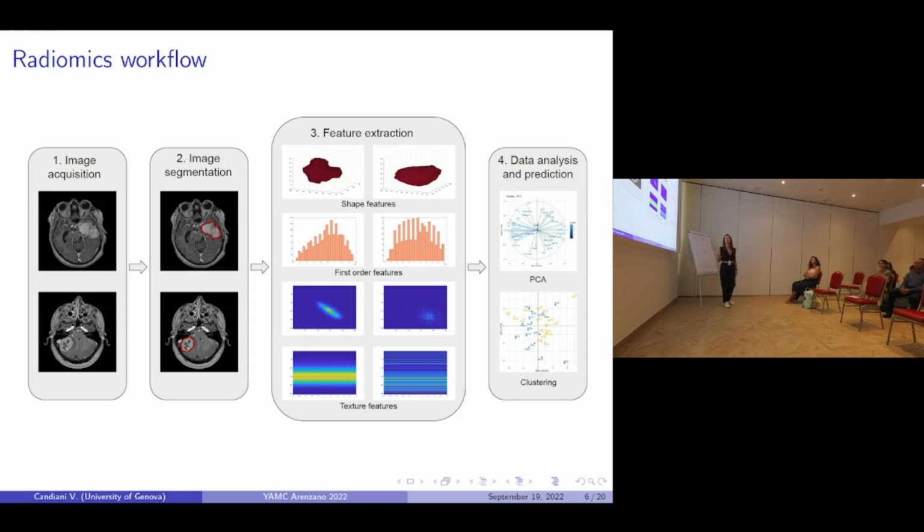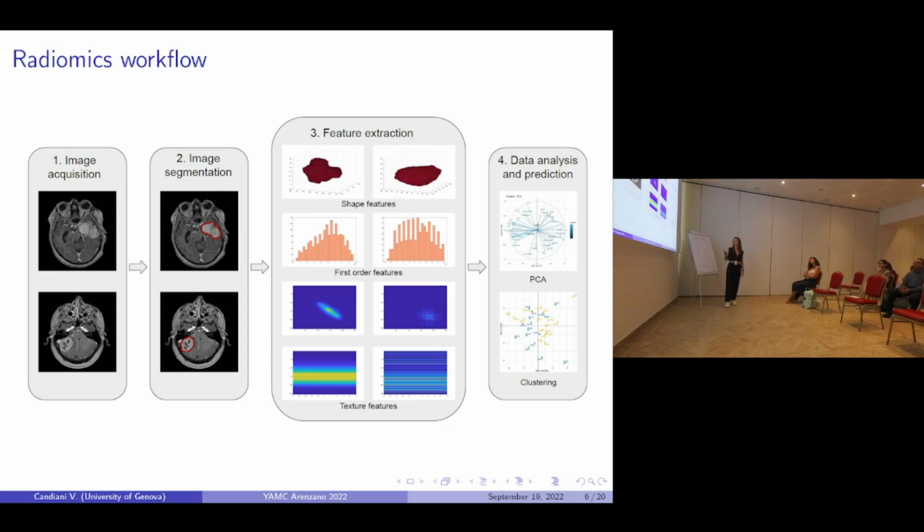These are, for instance, the count of paths in the image with the same gray levels, or zones in the matrix with the same gray levels, and so on. Last step is data analysis, and in this talk I will briefly talk about image segmentation and then a little bit more about the fourth step with the clinical analysis.